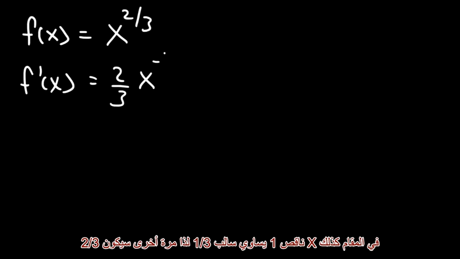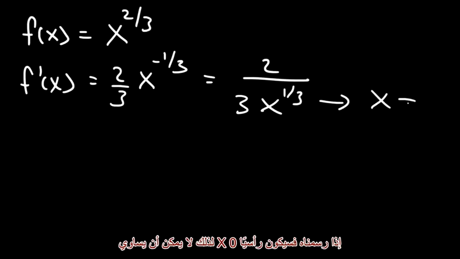Now let's look at the other example. F of x is equal to x raised to the 2/3. So using the power rule, it's going to be 2/3 x to the 2/3 minus 1, which is negative 1/3. So once again, x will be in the denominator. So therefore, x cannot equal 0.